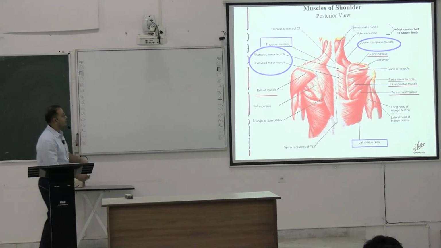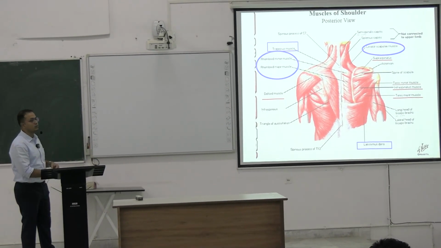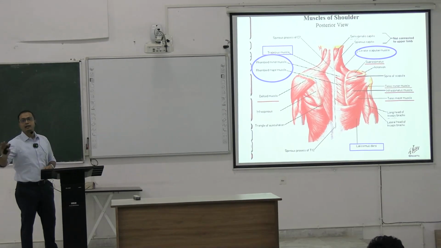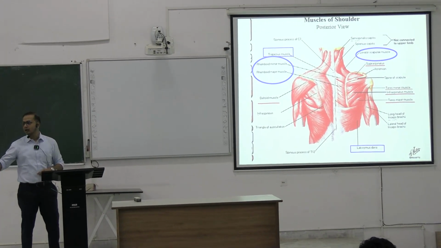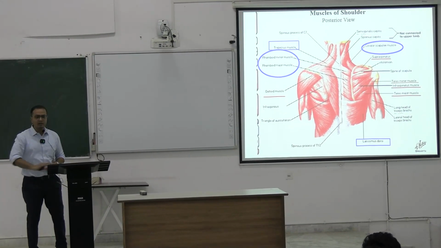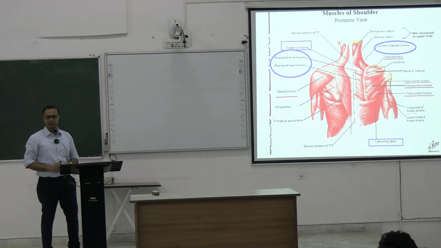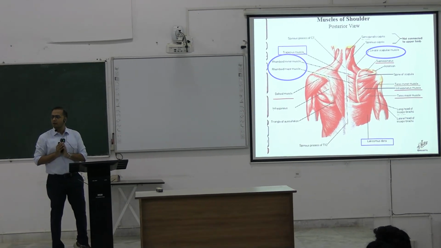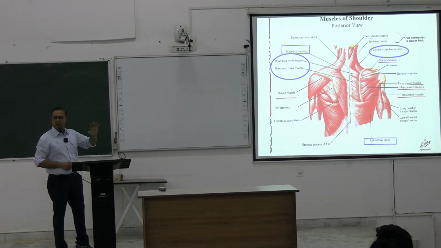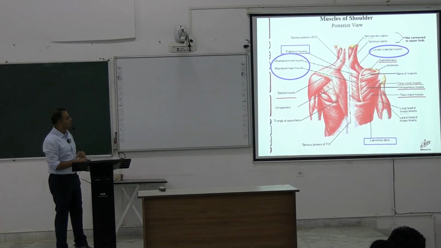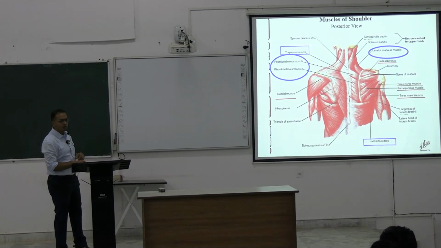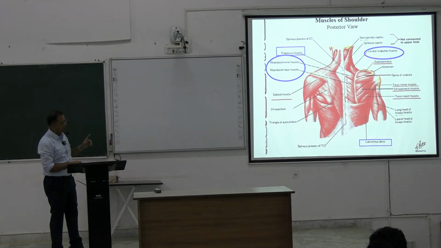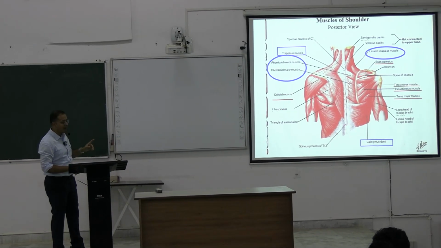So on this right side, every muscle is intact, which you're seeing here. That means the skin is taken off, the fascia is taken off, the fats are taken off, the muscles are exposed, no muscle moved. So this is the most superficial muscle present on the back side of our body. You can see a rhomboid shaped muscle coming from the head region, going down to the spine of the scapula, then tailing down to the back midline.